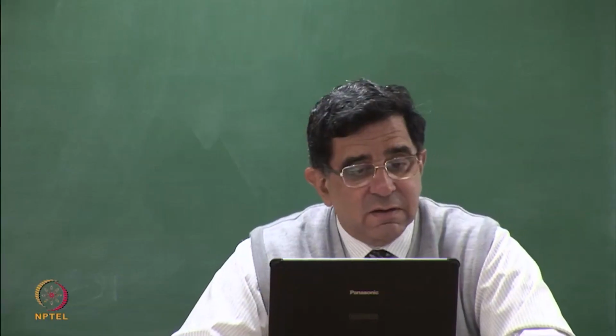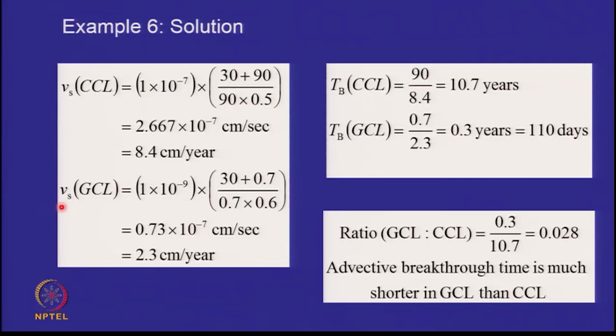Let's look at the seepage velocity in the geosynthetic clay liner. Here we are. This is a lower permeability value, but the hydraulic gradient is higher, and you get 2.3 centimeters per year. So the seepage velocity through the geosynthetic clay liner is lower.